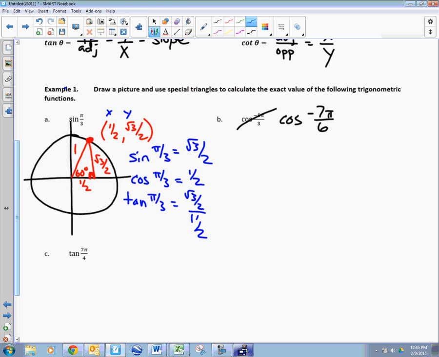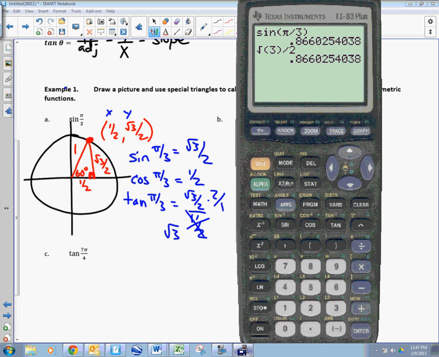So dividing by 1/2, I'll multiply by 2 over 1, and I get square root of 3. And that's exact. Square root of 3 is like 1.73, right? So you take the tangent of pi divided by 3, we'll get 1.73. There you go. Exact. That's how we come up with that.